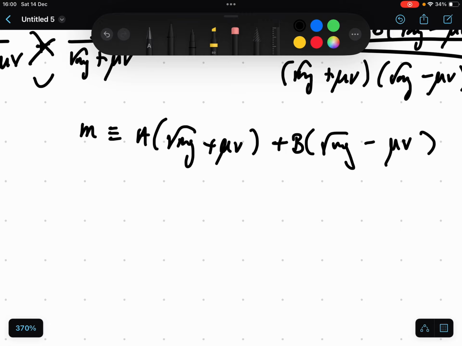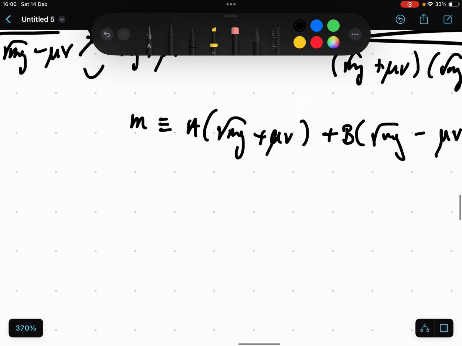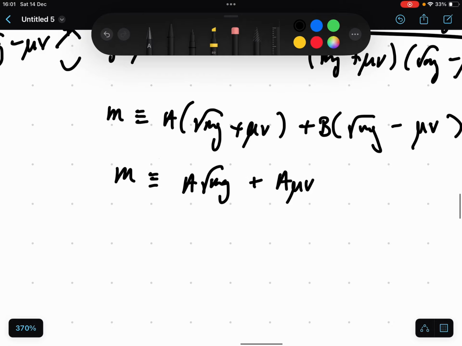Cool. And then what we can do here is compare coefficients. Actually, I'm not going to do that. I'm literally just going to say, well, let's say v is equal to, well, we want this thing to be 0 and the other thing not to be 0. Actually no, you know what, I think it would be better to just compare coefficients. So just expand it out like so.